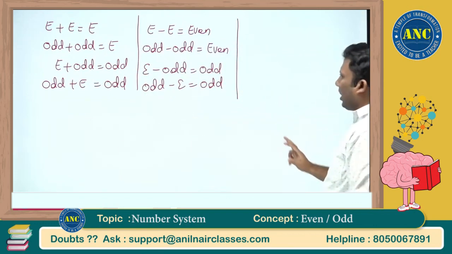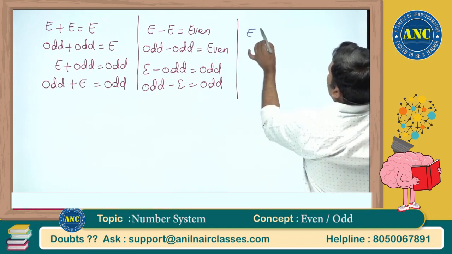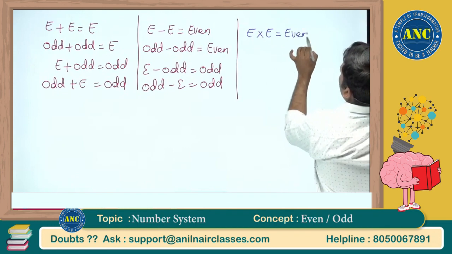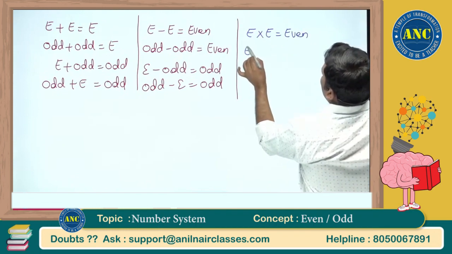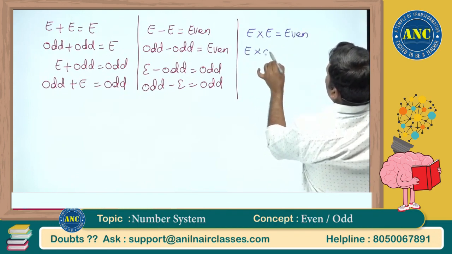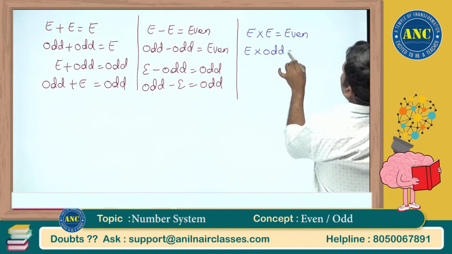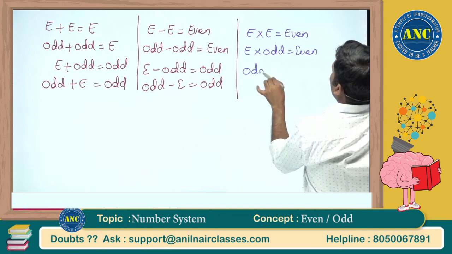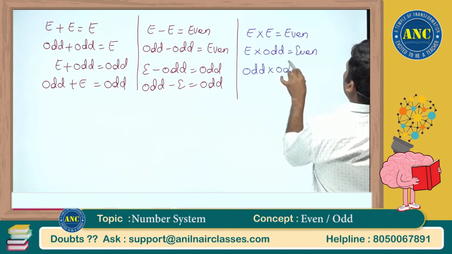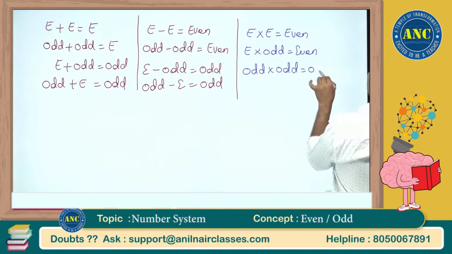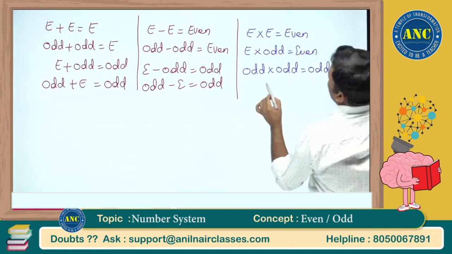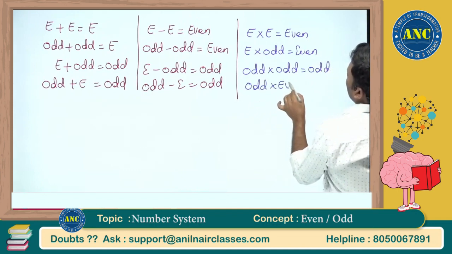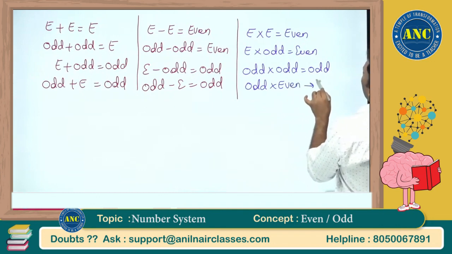Addition we did, subtraction. Then even into even, it is even. If one number is even, the answer will be even. Even into any number, the answer will be an even number. Odd into odd, just now we have seen the case. Odd into odd, it is an odd number. And odd into even number, if one number is even, the answer will be an even number.